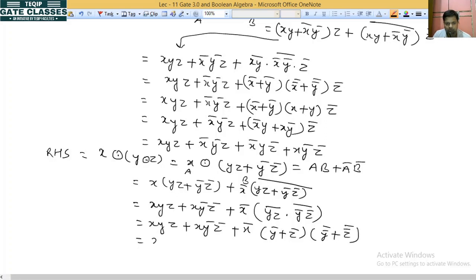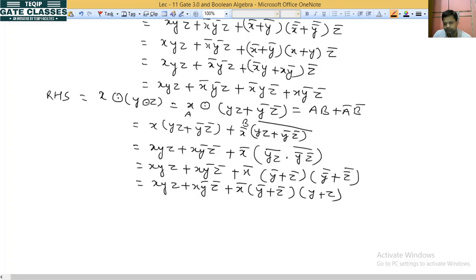What will be the value again? xyz plus xy bar z bar plus x bar y bar plus z bar y plus z. Okay na? xyz plus xy bar z bar plus x bar, multiply these two.